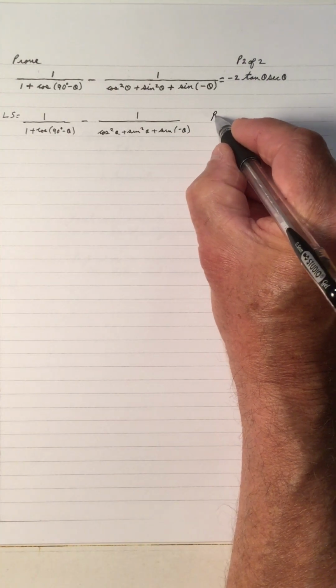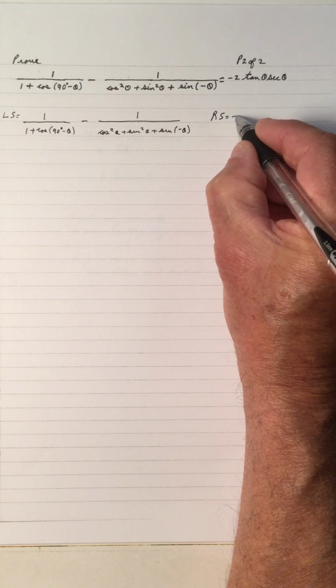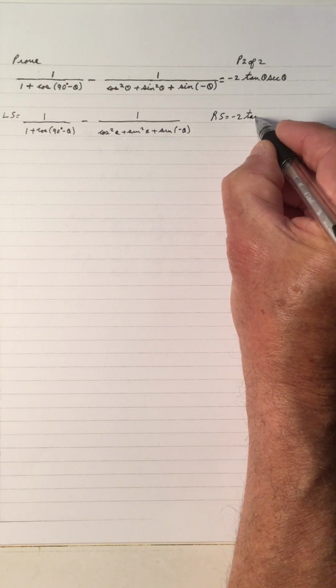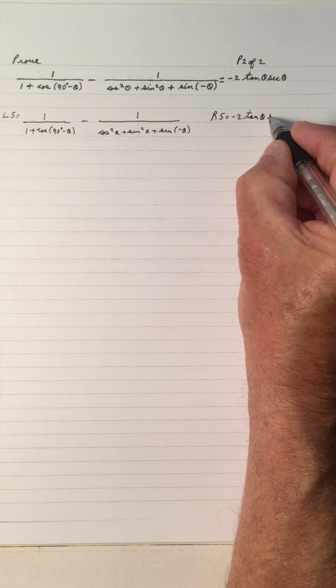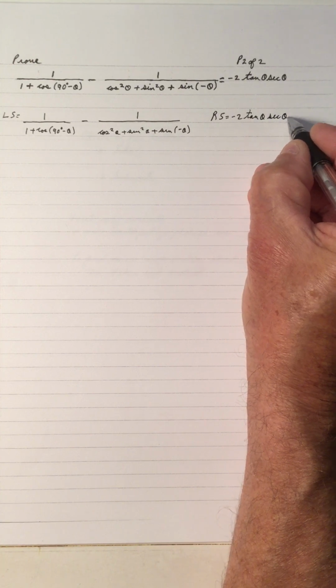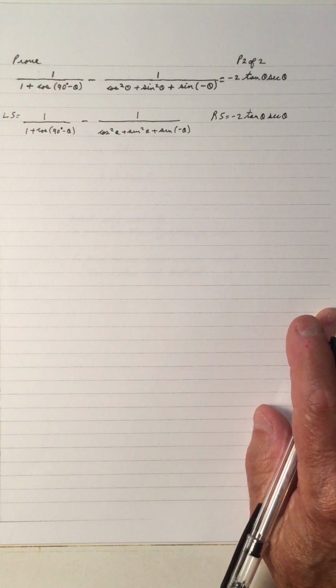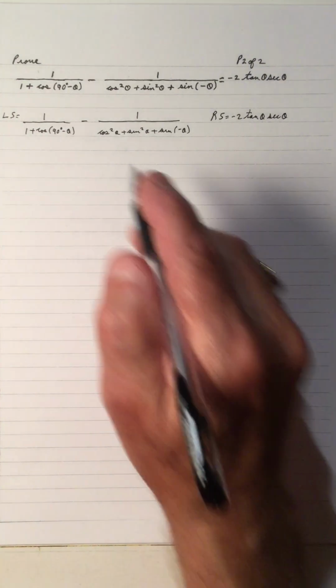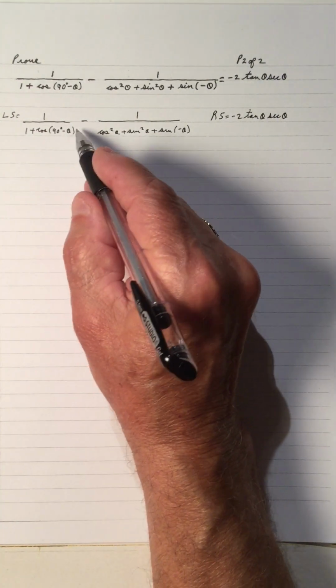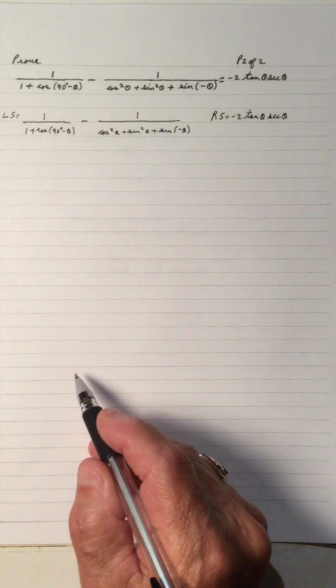And that's the left side, and the right side is negative 2 tan theta secant theta. And as I said before, I'm going to work the left side down.